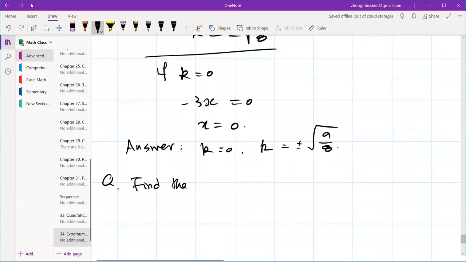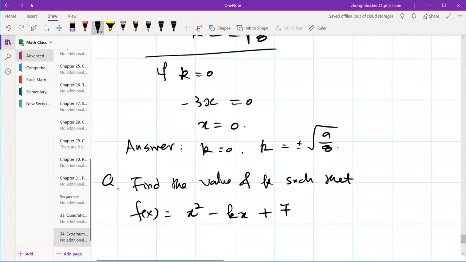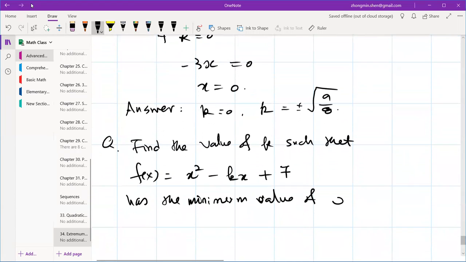Find the value of k such that the function f of x equals x squared minus kx plus 7 has a minimum value of 0. Right? So the minimum value should be 0.